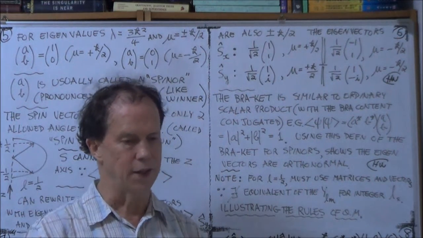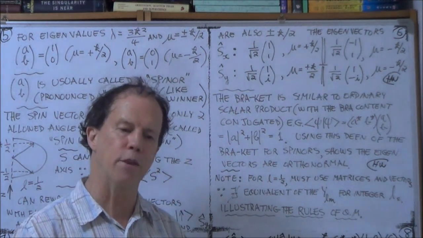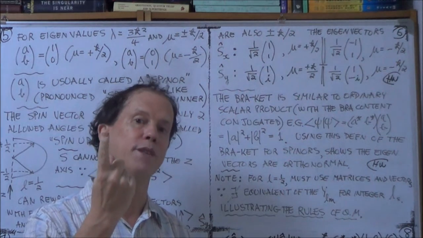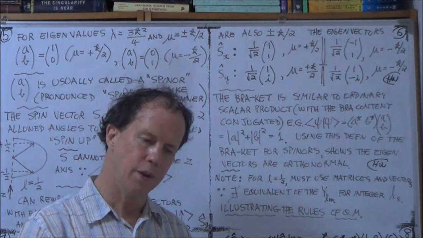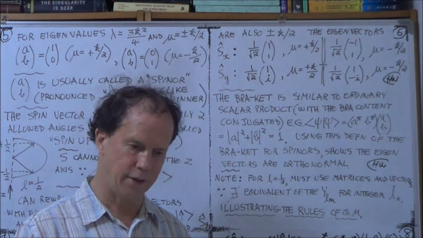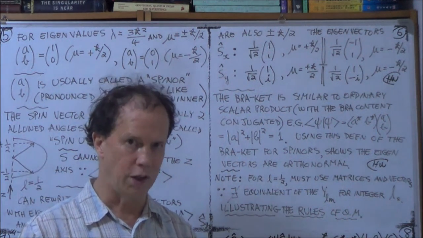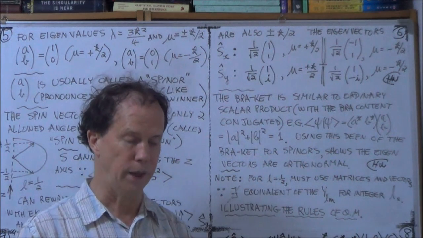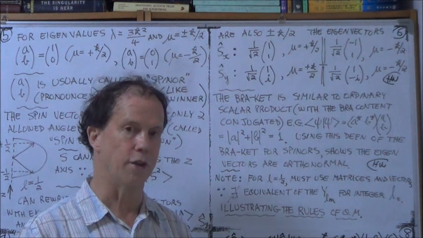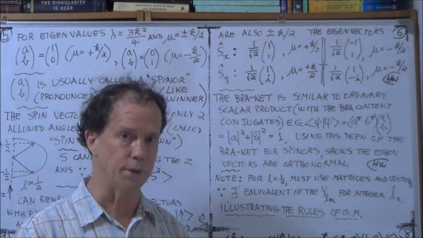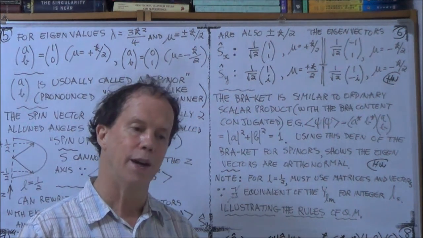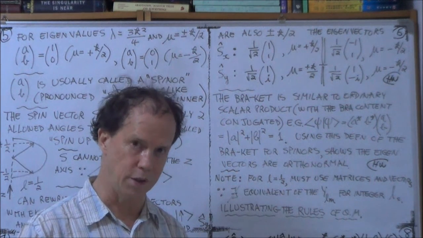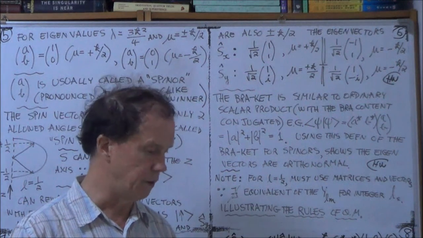So your general spinner will be C1 spin up state plus C2 spin down state, and that's a very simple generalized superposed wave function in the context of spin. We can illustrate a lot of the basic principles from the previous chapter, chapter 6, using spinners and spin matrices. So that's the topic of the next session.